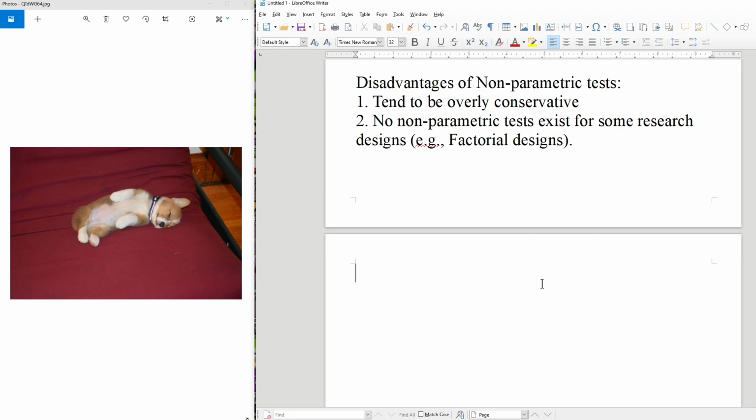And so what I'm going to do is make a little table. I'm going to put the parametric test over here. I'm going to put the non-parametric test over here. So this is going to be, for the tests we learned, the parametric test that we learned, like the test of a single sample mean.